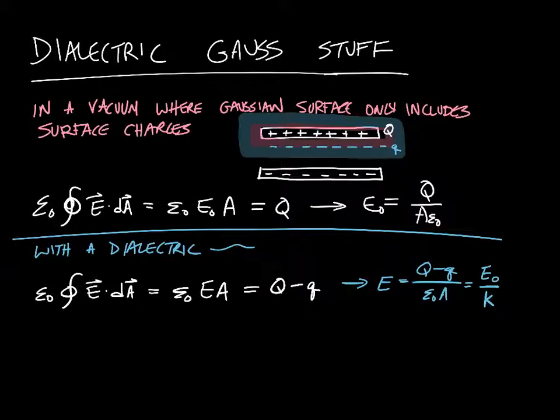Because that dielectric material is now weakening the electric field by that factor kappa. It was earlier in the lecture. So we can continue here. This is going to get me Q per K epsilon naught A.